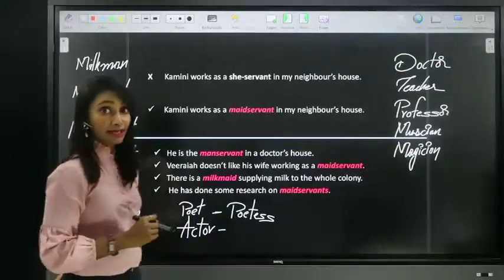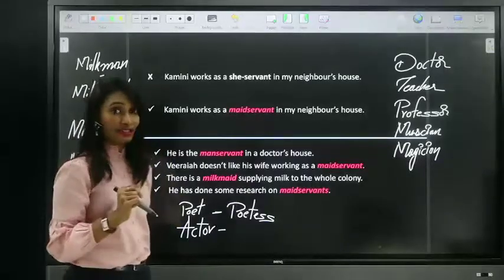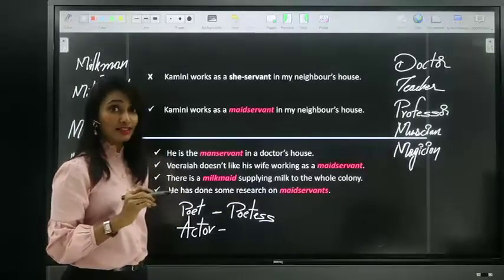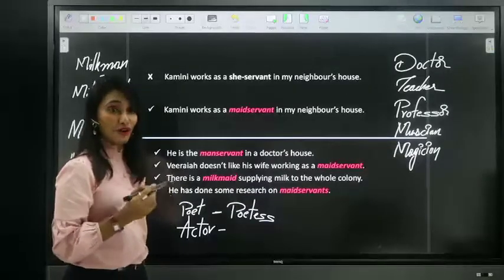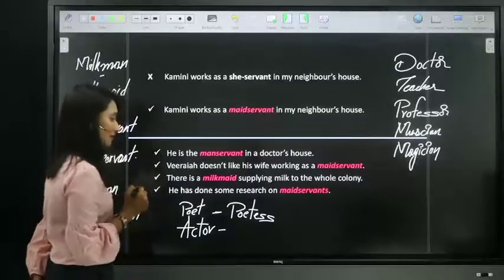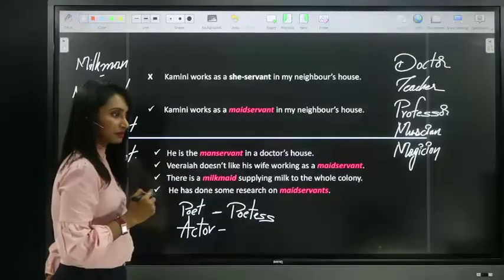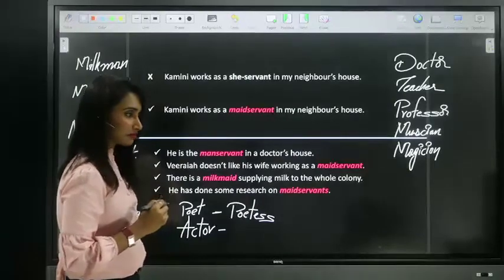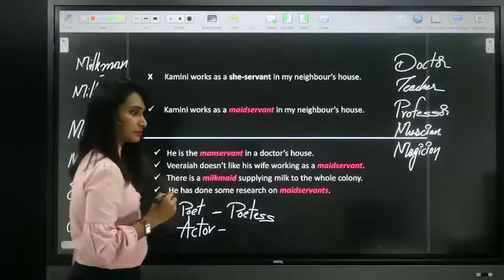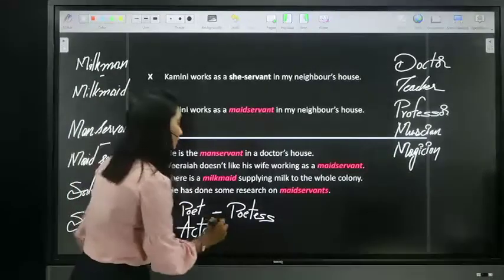with the correct spelling. We require the correct spelling because we discussed some spelling related formation also. So, what is the feminine form for actor? Anyone?